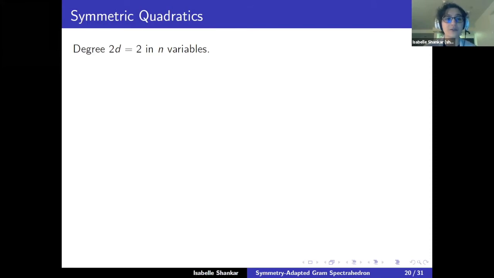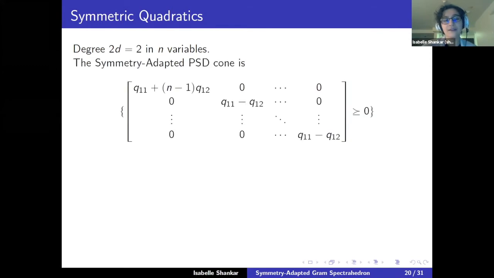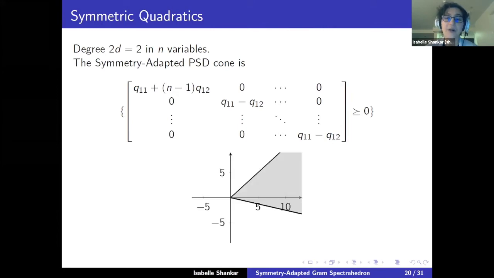Now we're in the degree 2 case, with any number of variables n. The symmetry adapted PSD cone is represented by a diagonal matrix, which means it's positive semidefinite if and only if the diagonal entries are non-negative, and so we actually get a polyhedral cone.